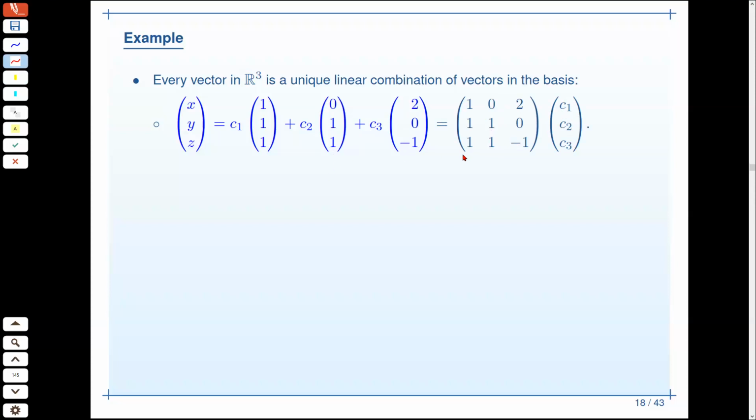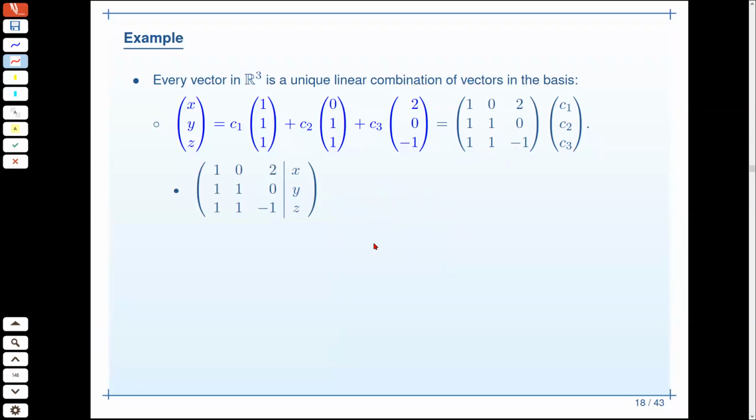In other words, the vector V is P times the coordinate vector of V relative to S. This is indeed the coordinate vector of V relative to E, so this P is nothing but the transition matrix from S to E.